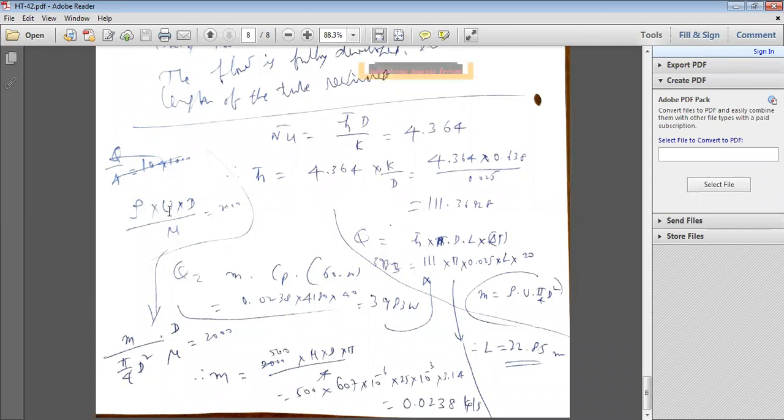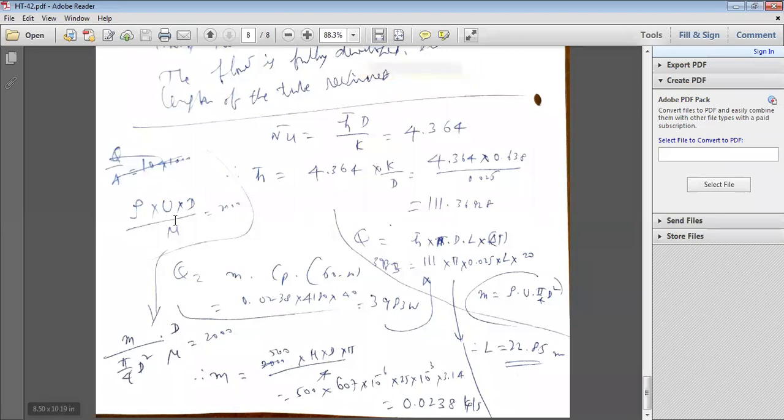If you replace this, rho into velocity into diameter divided by mu, so you can divide with pi by 4 D square, that is equal to 2000.